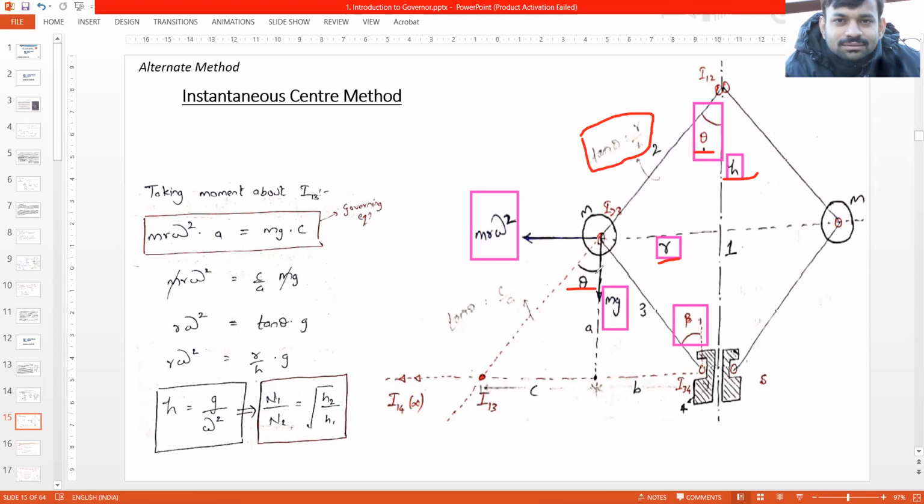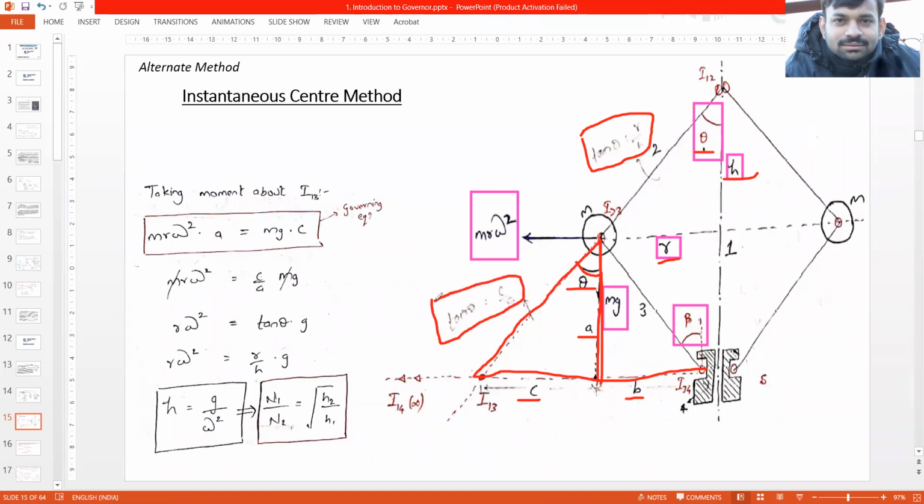We have drawn a perpendicular from this point and joined this center. So this angle would be theta, and this distance is taken as c, this distance is taken as b, and this height is a. So tan theta would also be equal to c upon a.